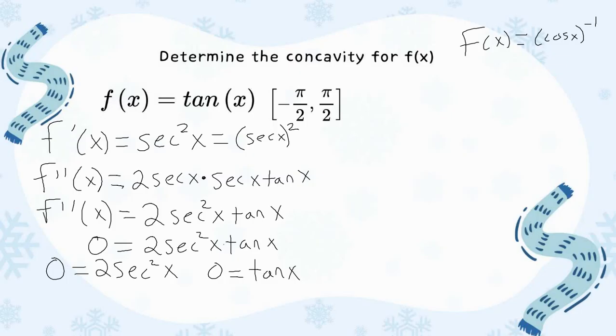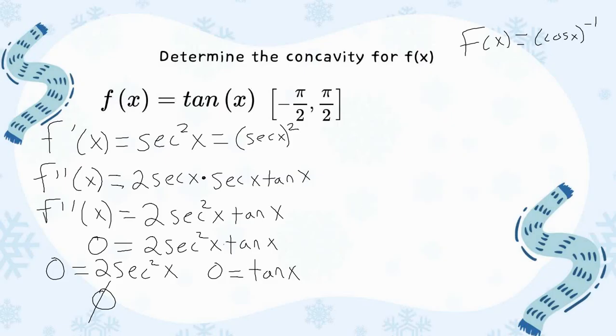So this would be 2 over cosine squared. 2 divided by what is going to be 0? Nothing. There's not anything I could plug in here to make that work. It's not undefined, there's just no solution.